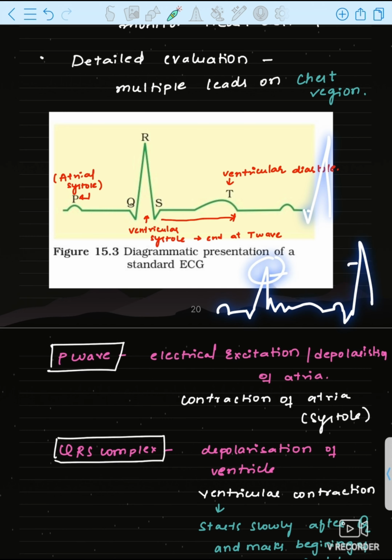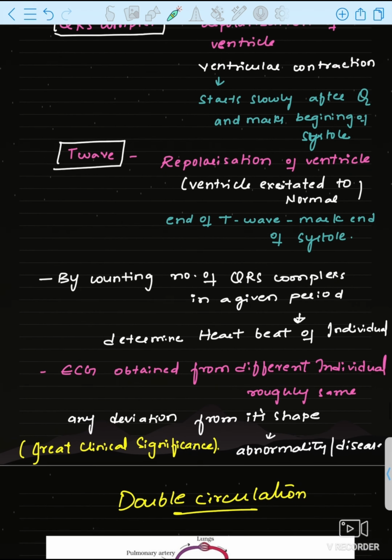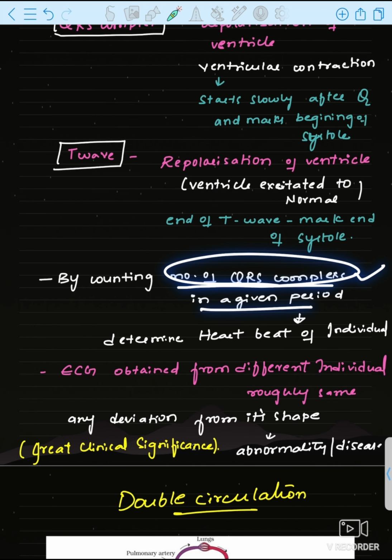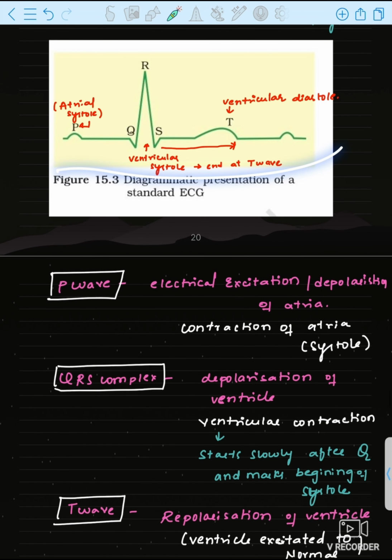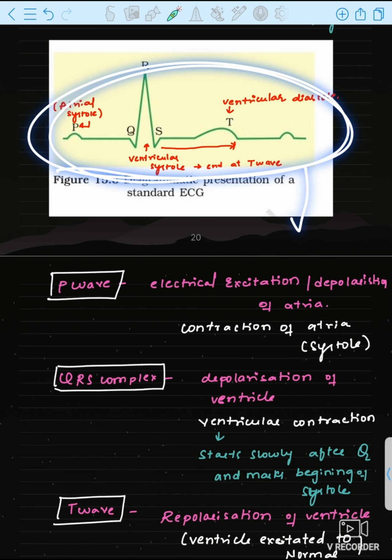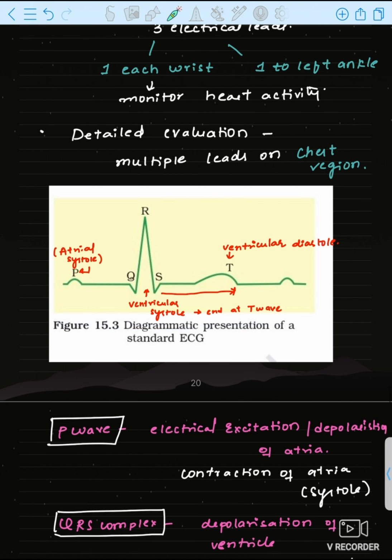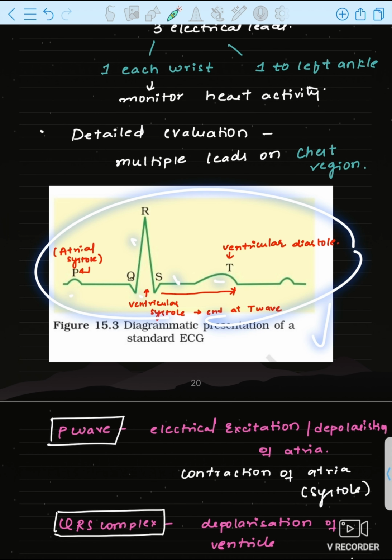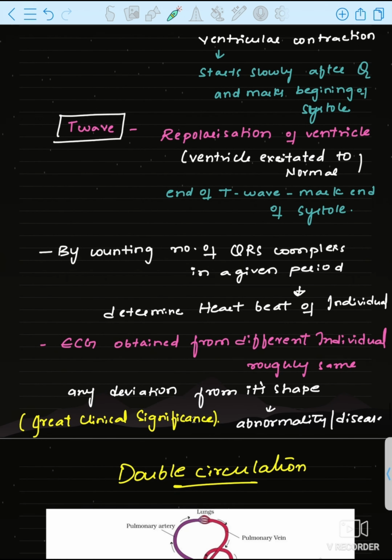Like this, if we calculate the number of QRS complexes in the electrical activity of the heart in a given period, we can determine the heartbeat, because each PQRST represents one cardiac cycle. In that way we can calculate the number of heartbeats.